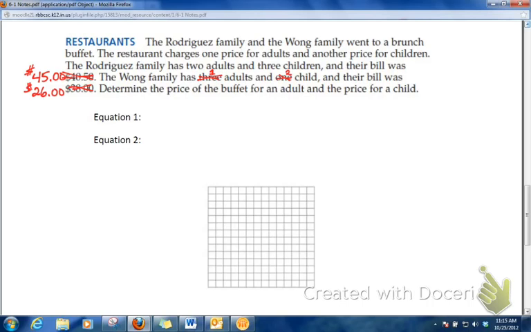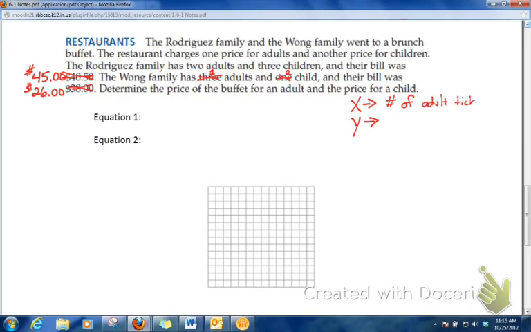Now again, this is one of those problems where we're going to have to come up with what you're going to let your x variable represent, and what you're going to let your y variable represent. I'm going to let my x variable represent the number of adult tickets.